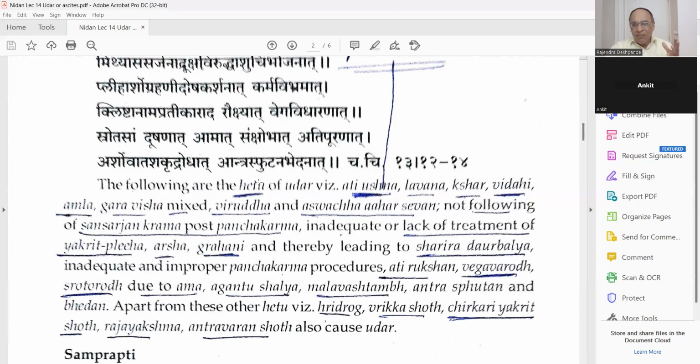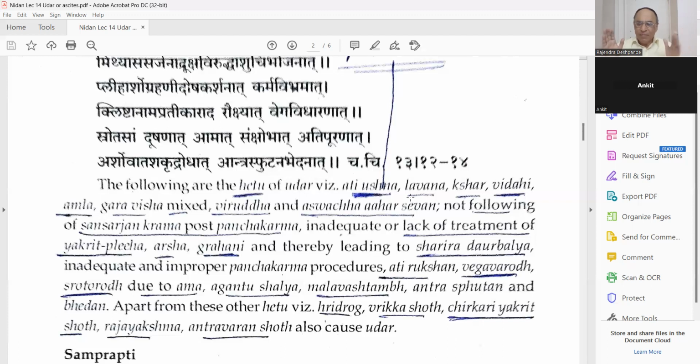Especially here, I would like to make a little comparison. When we talk about taking something irritating and hot, the most dangerous substance for the liver, the visha, toxin for the liver, is madhyapana. Please write down madhyapana. Alcohol. Because of alcohol, the liver is damaged.